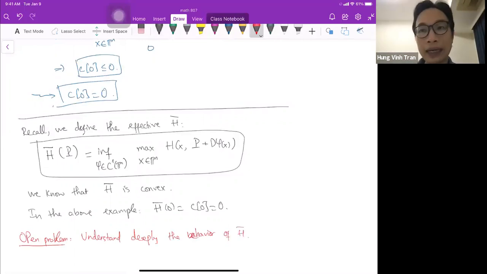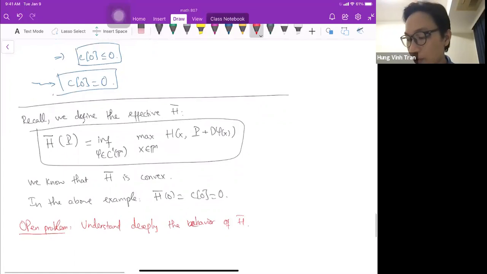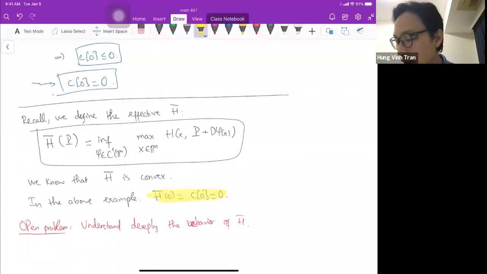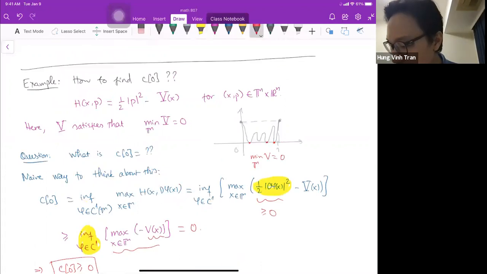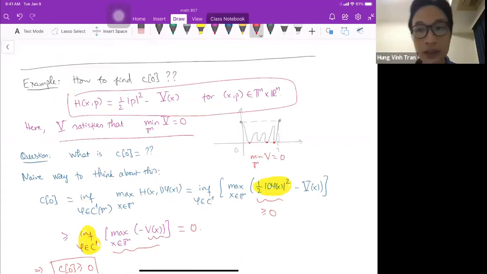I claim that even in the early example we can have H bar of 0 equal to C of 0 equal to 0, in this very specific example that I'm putting a box around here, with V having mean equal to 0. In general, it's really hard, even impossible, to write down an explicit formula for H bar.